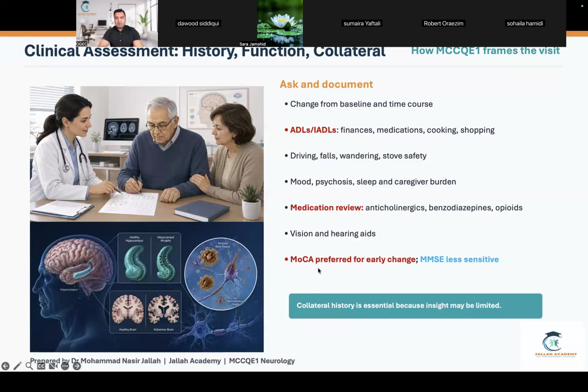Then for memory issues, we have the Montreal Cognitive Assessment and the Mini Mental State Examination. In the exam, they might ask you about these, and also about vision and hearing aids. They love to test you on this one.